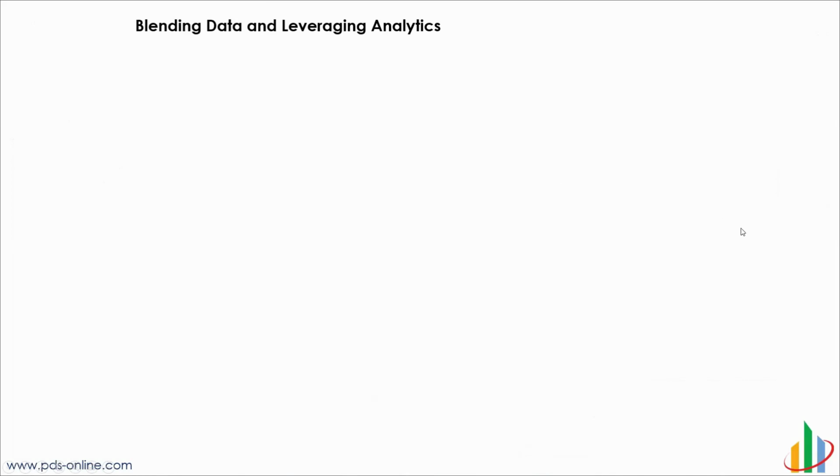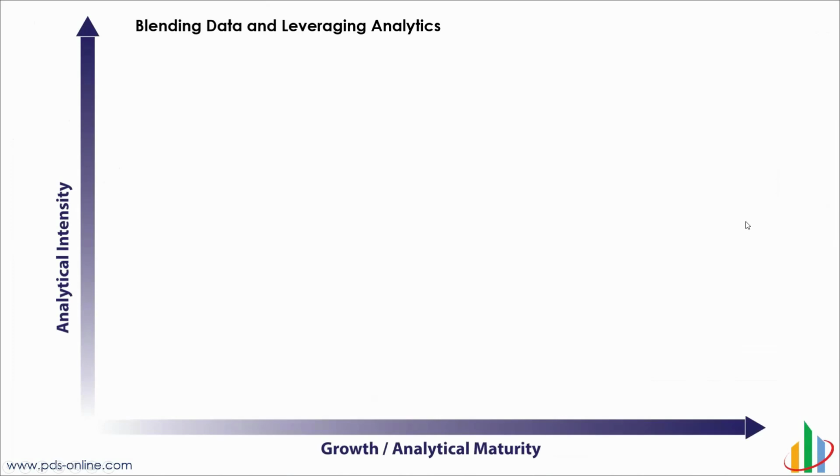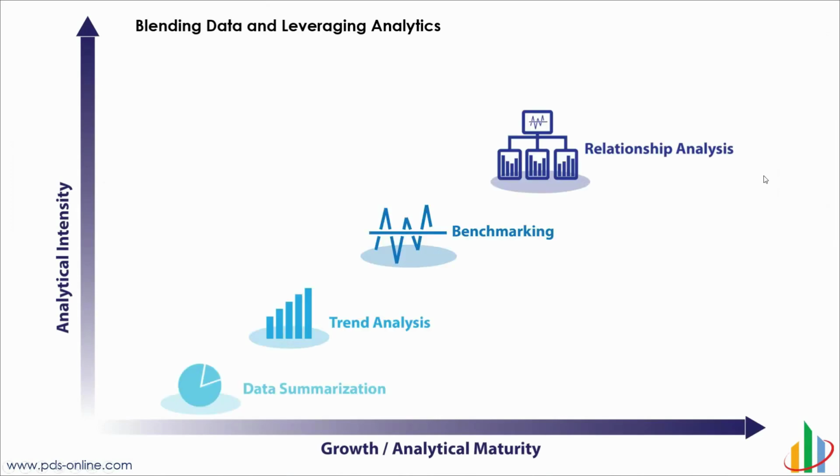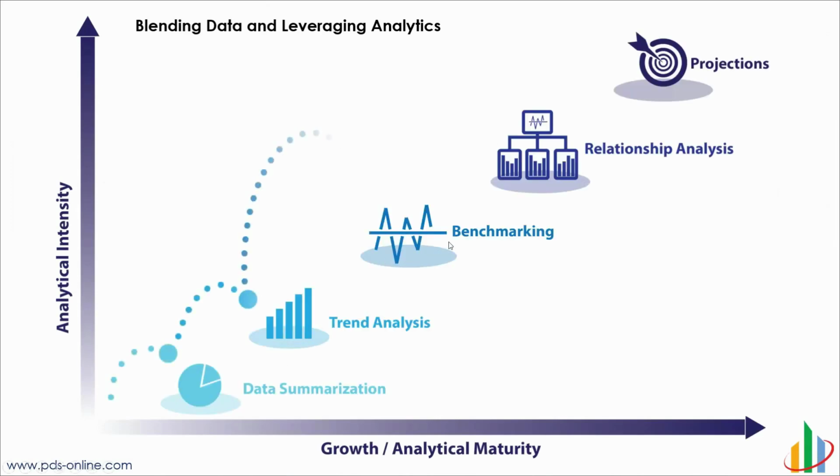If we go back to where we talked about analytical intensity and why we are blending data, and we look again at this chart, we've moved beyond trending and benchmarking. We're looking at the different relationships that all impact physicians' performance, and then, as Scott pointed out, even bringing in their years of service, which might indicate a different outcome as to what we try to do to improve their performance.